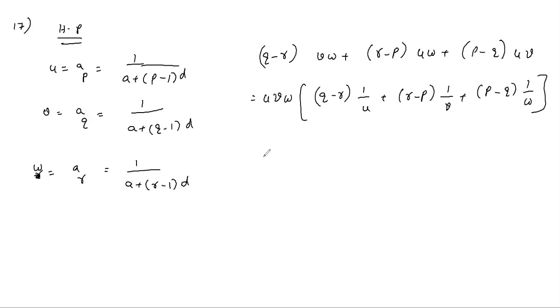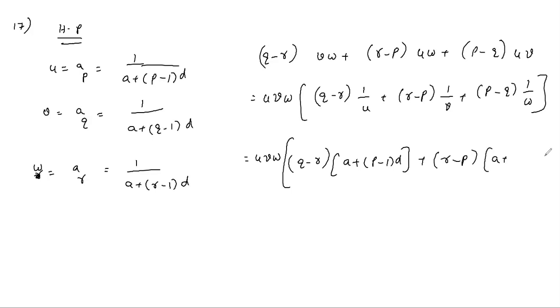Now uvw stays outside. (q minus r) into 1 by u is a plus (p minus 1) into d, plus (r minus p) into a plus (q minus 1) into d, plus (p minus q) into a plus (r minus 1) into d.